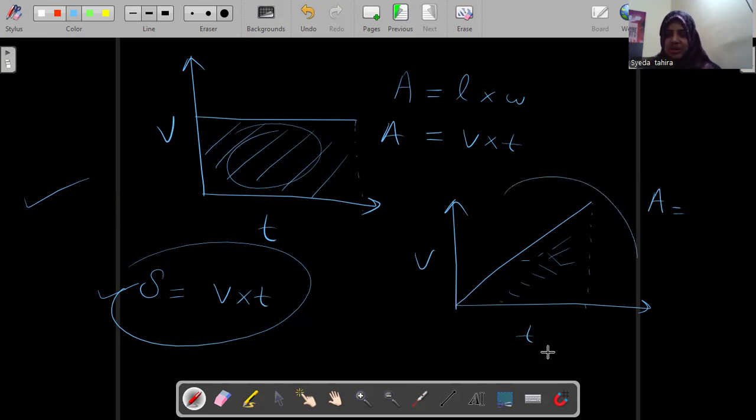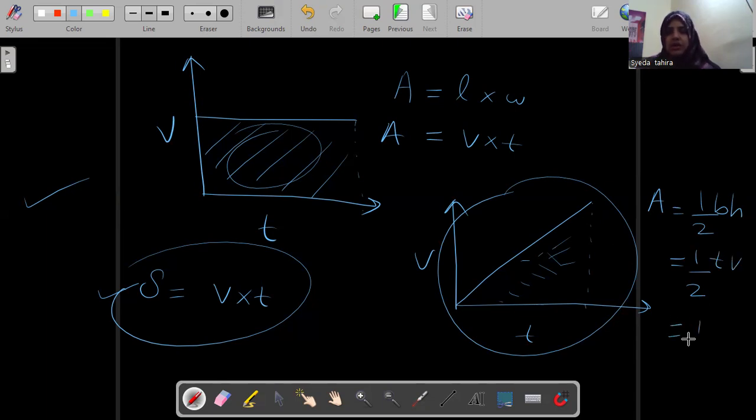And if I focus on the shape of this graph, which is a right angle triangle, I know that the area is going to be half base times height for a triangle. And in this case, it's going to be half t times v, or half v times t. And this area is definitely going to represent the distance traveled by my vehicle.